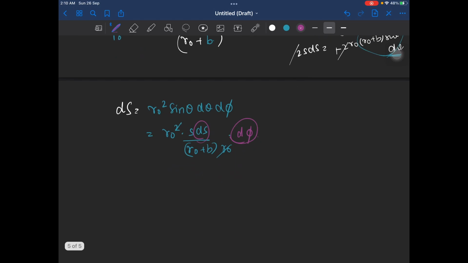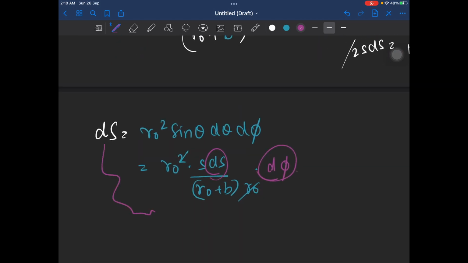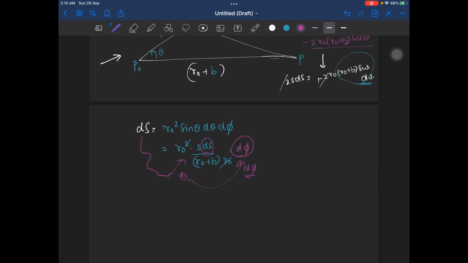We've just converted ds into small s and d phi, which has no dependency from the side of the integral. So it will be a simple integration.